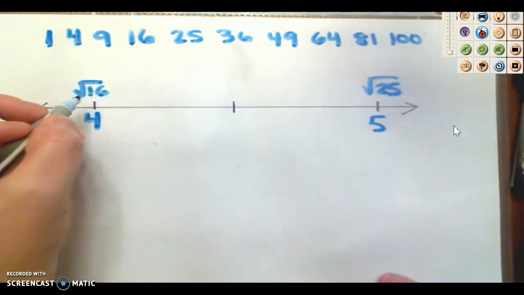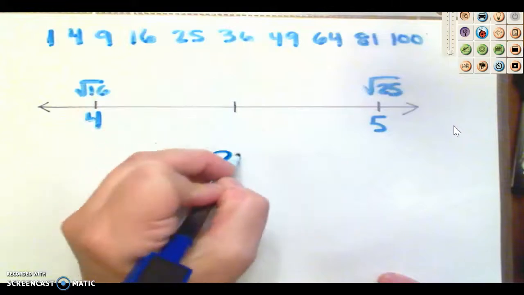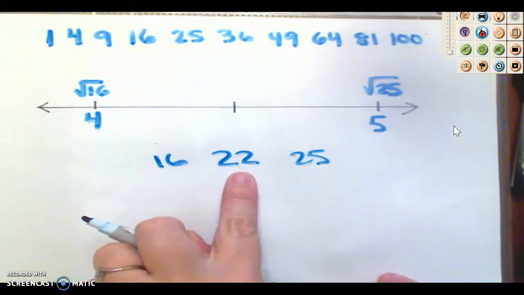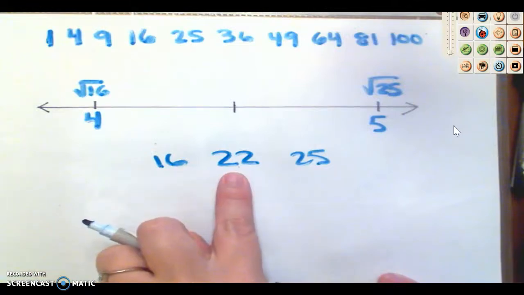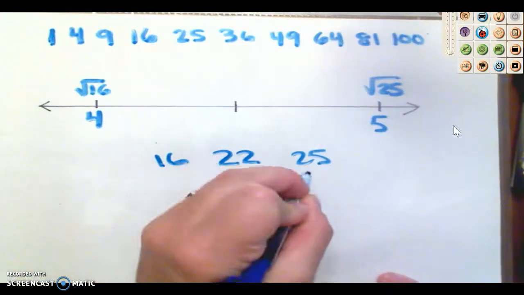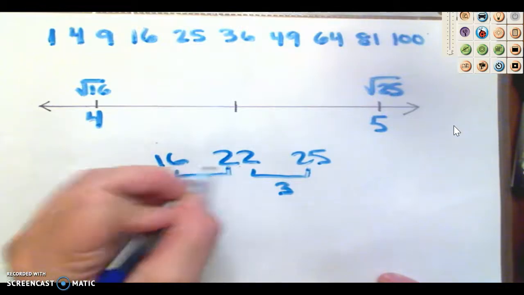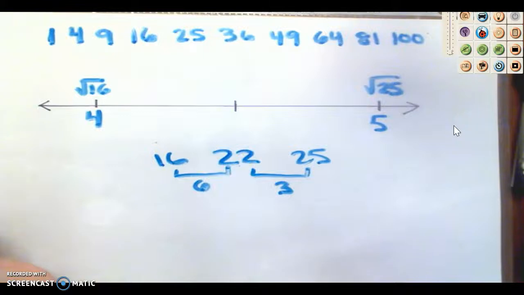So where does 22 fall? Is 22 closer to 25, or is it closer to 16, or is it halfway? Well, the distance between those two numbers is 3, and the distance between these two numbers is 6, so it's definitely past the halfway point, right?